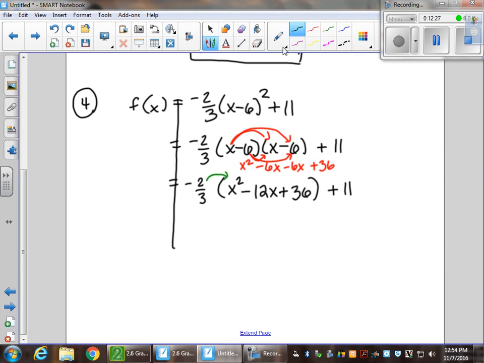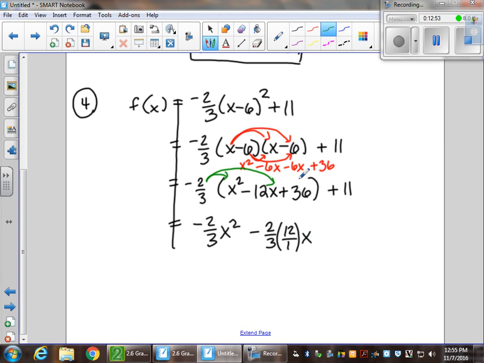So negative 2/3 times x squared will be negative 2/3 x squared. Negative 2/3 times negative 12x. If it helps, I would do a little in-between work here. I'm literally going to write out negative 2/3 times 12, and I'm going to choose to write that as 12 divided by 1, x.